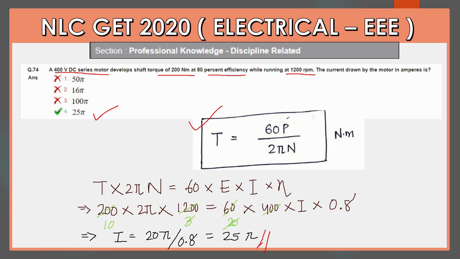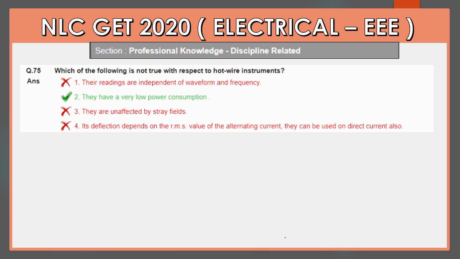Here I have written P as E into I. And if you apply the efficiency also, you should multiply in numerator. So 25 pi will be the answer.